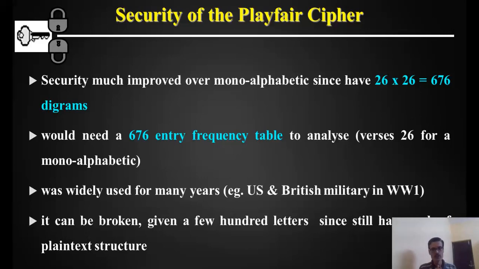We have to guess only 26 alphabets over there, but here it is 676 digraphs. It was used in World War I and II, basically by the United States and the British military. But later it was broken, because it still resembles the structure of the plain text, so this Playfair cipher was also broken during that time.